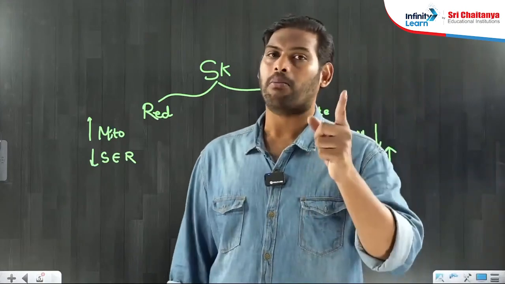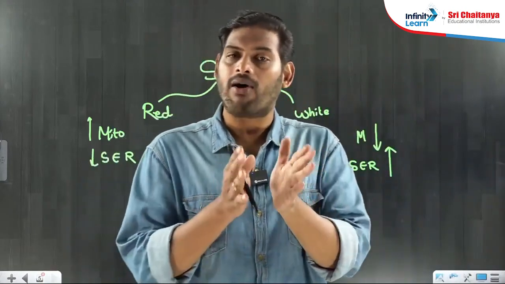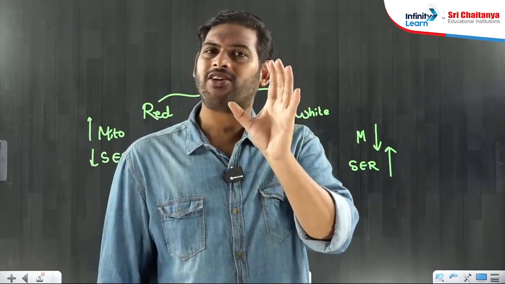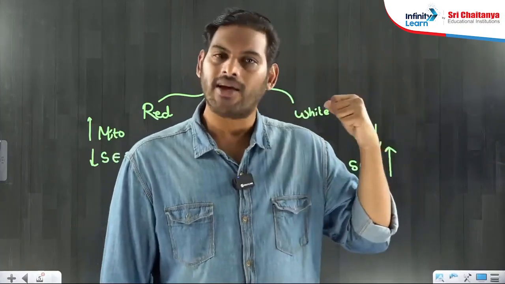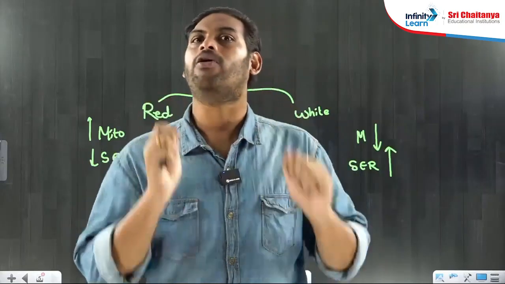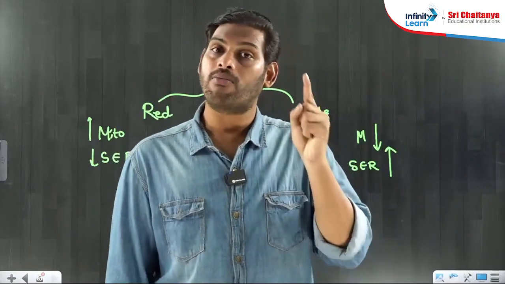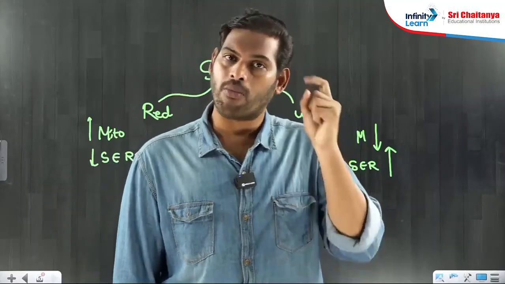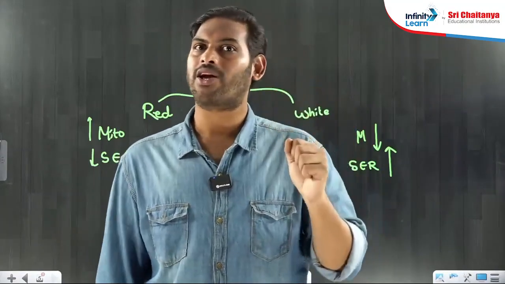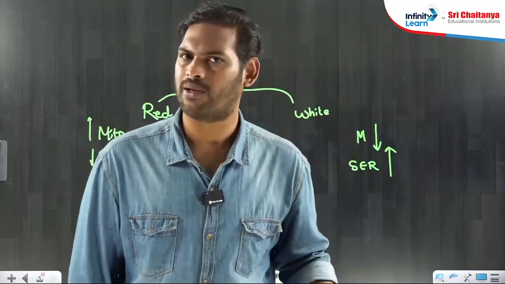pigment known as myoglobin. Just like how the RBC oxygen transporting function is given to hemoglobin, here the oxygen storing function was given to myoglobin. If you have more myoglobin, more oxygen, more mitochondria, more contraction, no pain easily.